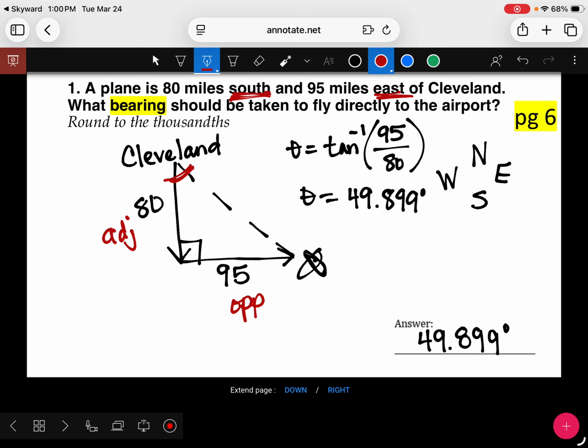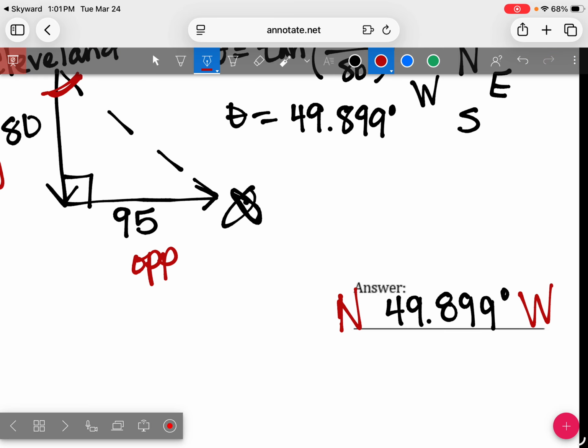What's the opposite of south and the opposite of east? Southwest. All right, so that is the answer. You have to include that only when it asks for a bearing. You don't need to include that for angles of elevation or depression, just for bearings.